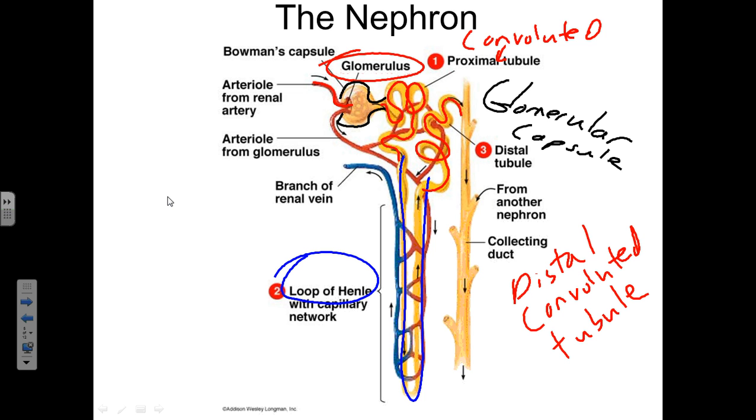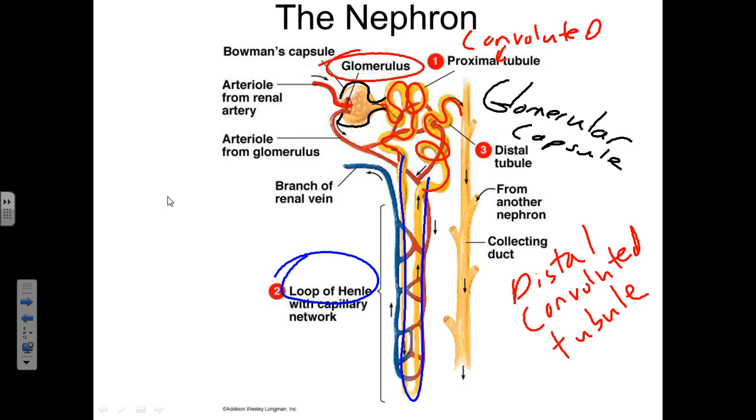Which again means the curvy part of the tube, far from what? This is far away from where we started, and what did we call where we started? The glomerulus, capillary bed.